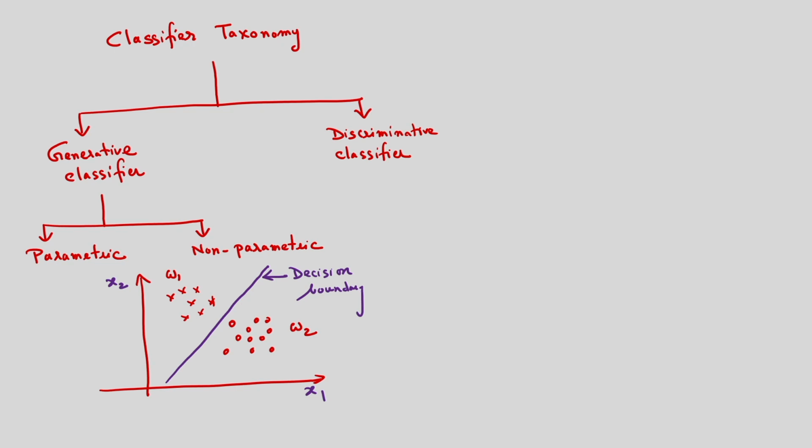In case of the discriminative classifiers, we do not need the information of the class conditional density. What we can consider is to start with initial weights that define the decision boundary. So I can write here: start with initial weights that define the decision surface.